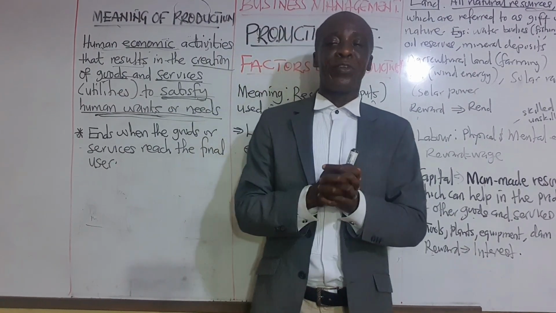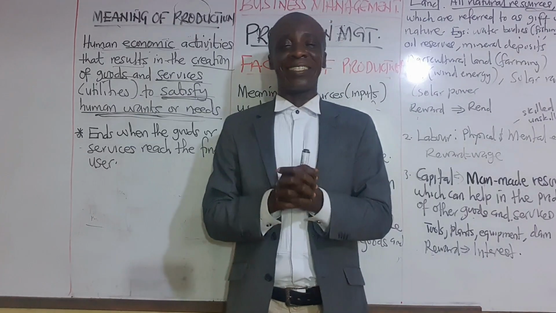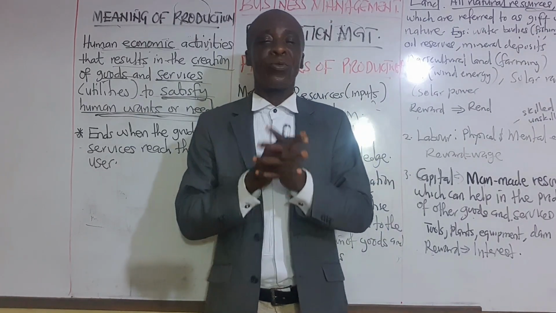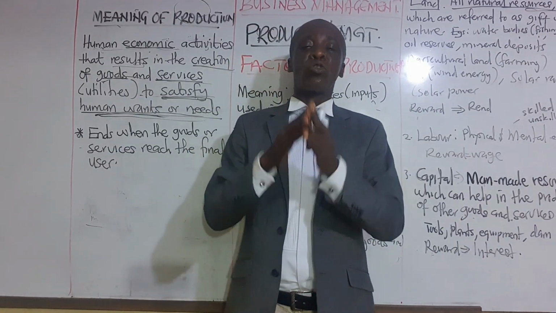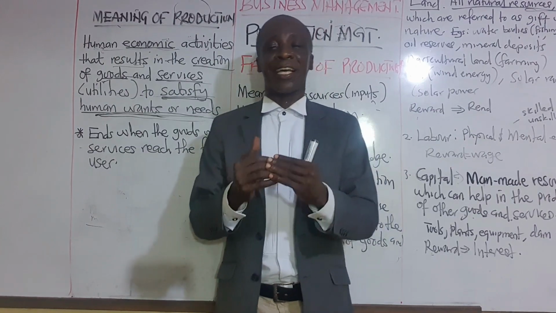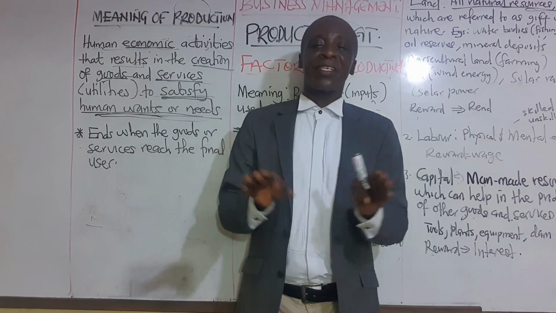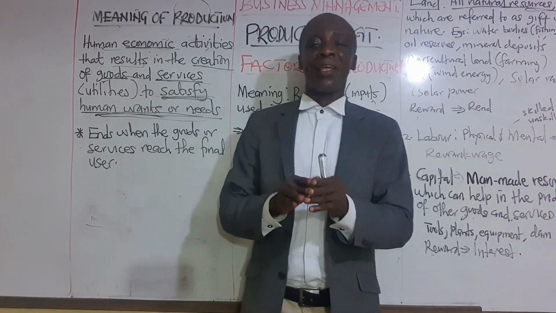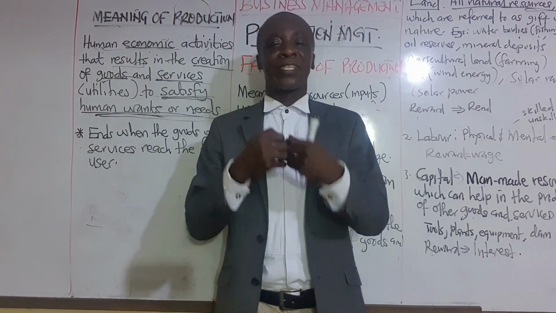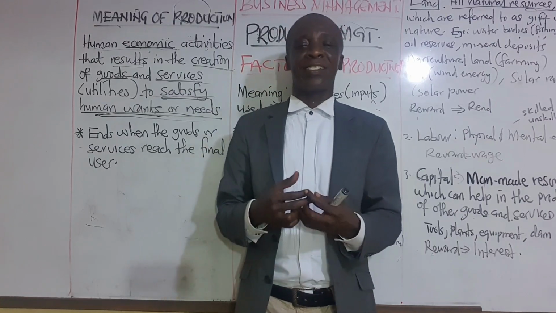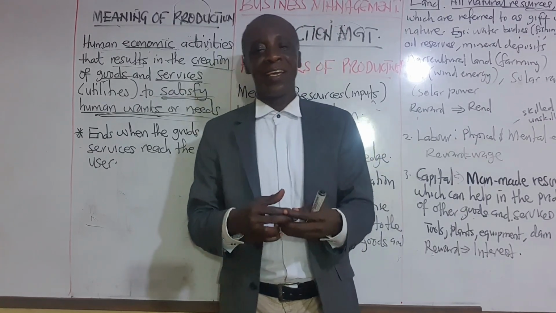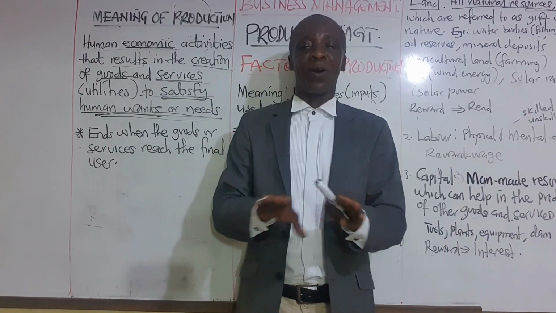So in that video, we talked about land. And we said, when you say land, it goes beyond just the surface of the earth. If somebody has not studied economics, and you ask the person what land is, what you'll be told is that it is the surface of the earth.